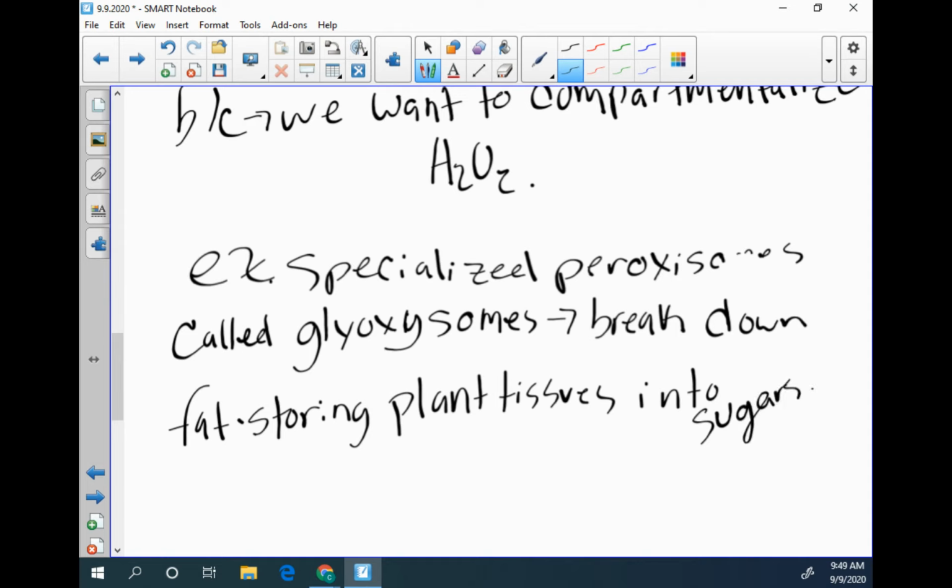So, special tissues in plants that are especially high in fatty acids can be broken down by these special glyoxysomes to help the plant get the fuel it needs to grow.